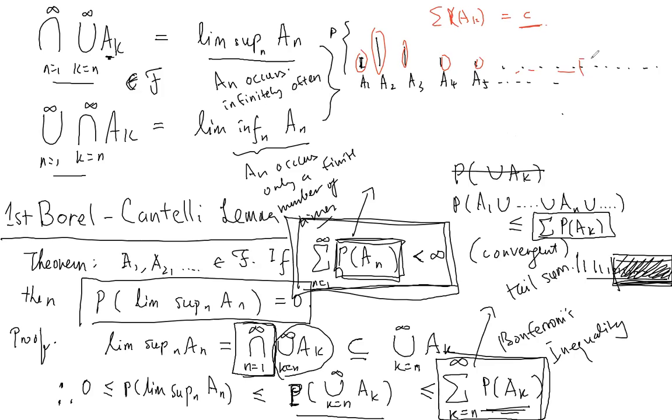What does this tell you about the tail sum? Converges to what? Converges to what when your n tends to infinity, yeah? When your n tends to infinity, what should this converge to?